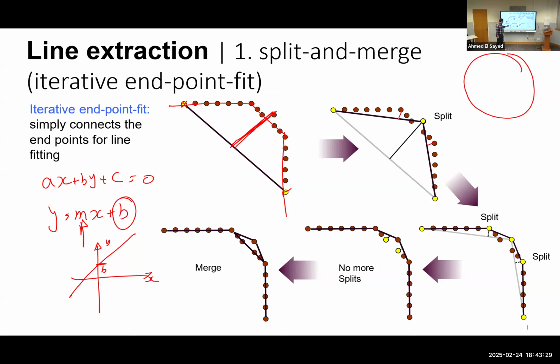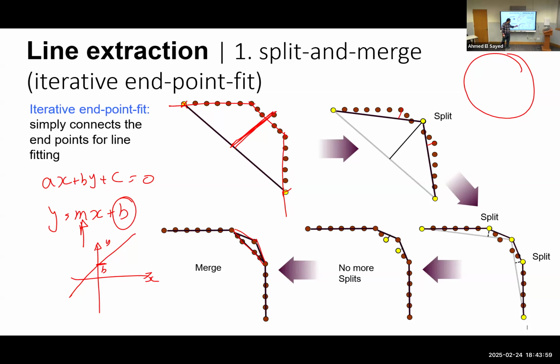Then I will have 1, 2, 3, 4. Then I will do the same thing with those points, which will give me one more line. Now, this line has no line intercepting it. This line has no line intercepting it. This one has two lines intercepting it. So I have this, and I have this and this. In this case, I will do a merge, meaning those three will be merged into one.